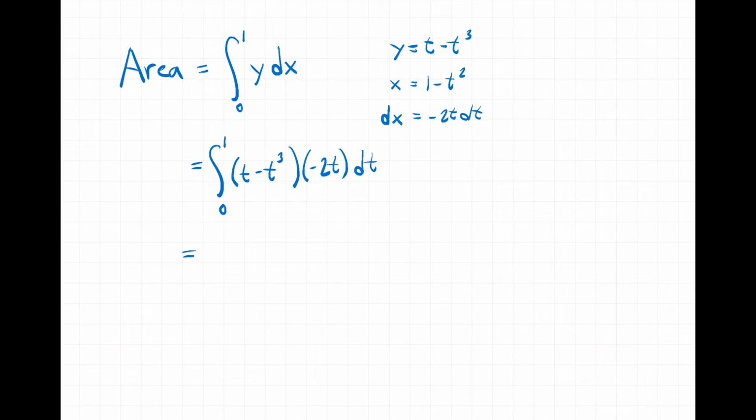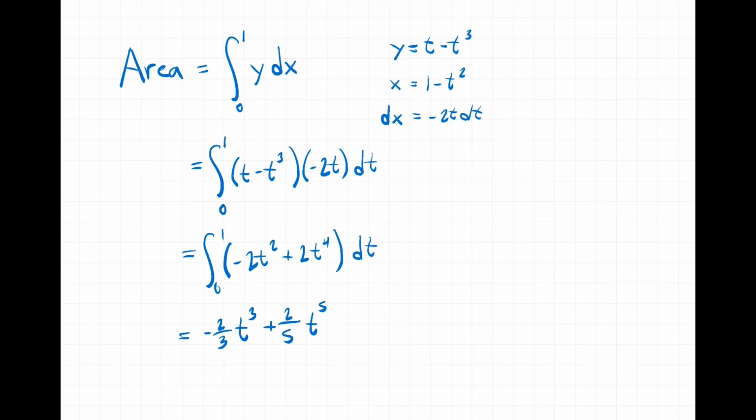So this is the integral from 0 to 1 of, let's distribute our minus 2t, negative 2t squared plus 2t to the fourth, all in parentheses, times dt. Now we can evaluate the integral and get the antiderivative. This is going to be negative 2/3 t cubed plus 2/5 t to the fifth. Now we can plug in our bounds, 0 to 1.